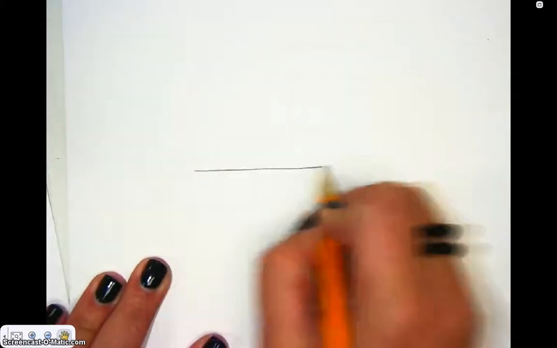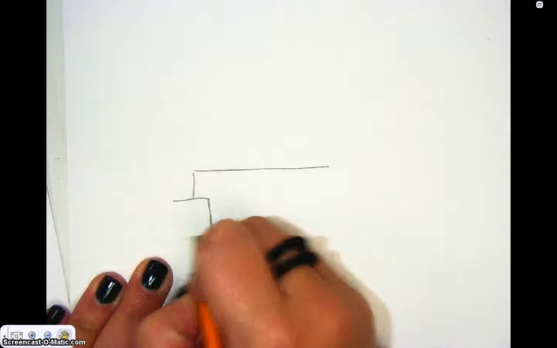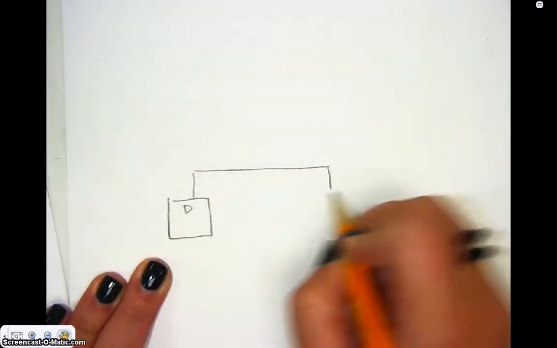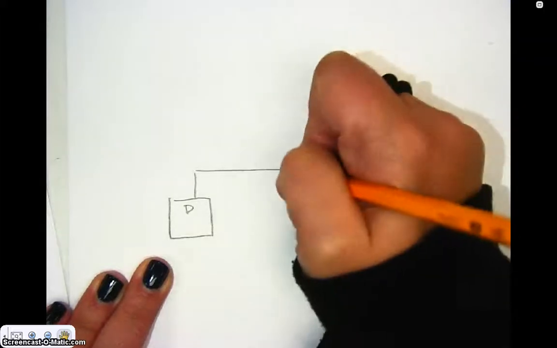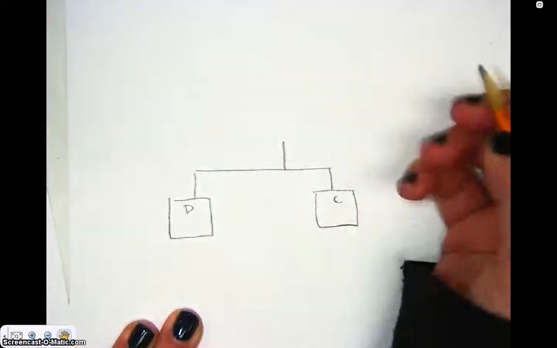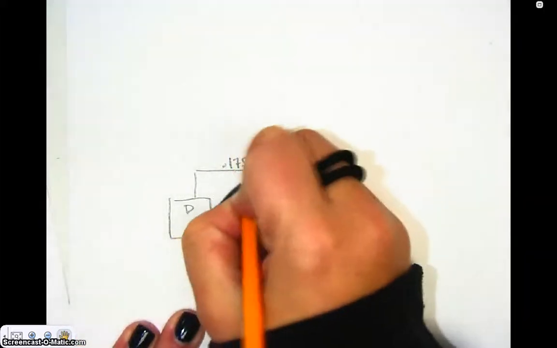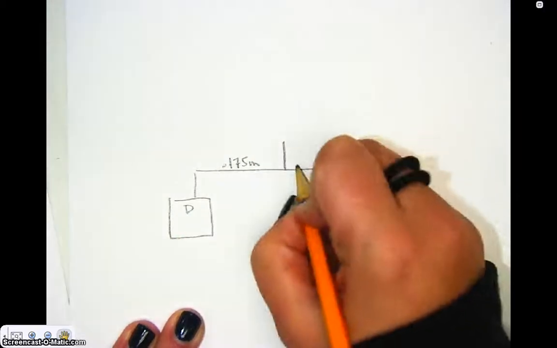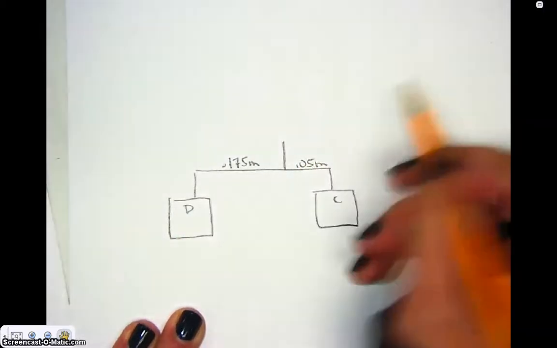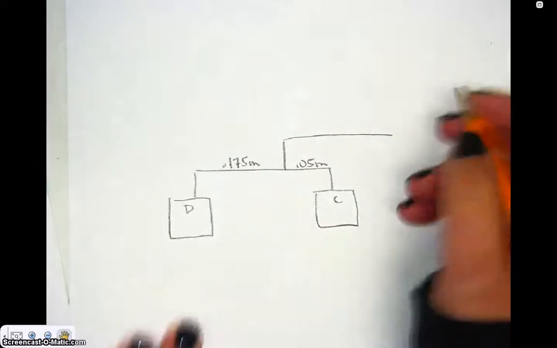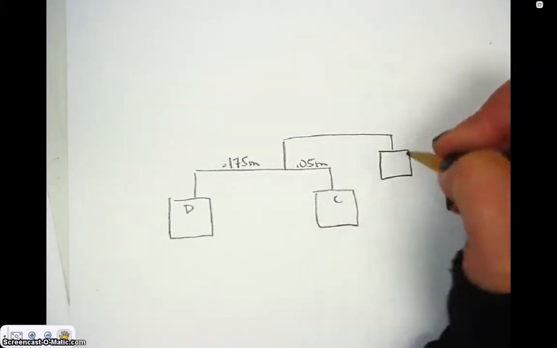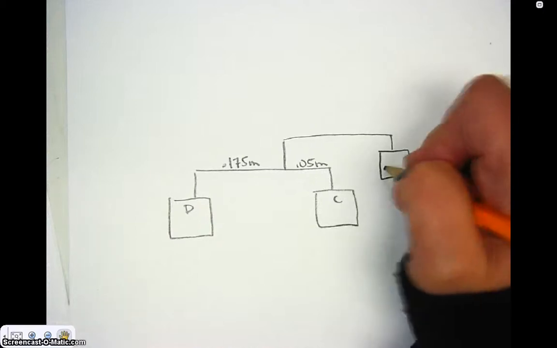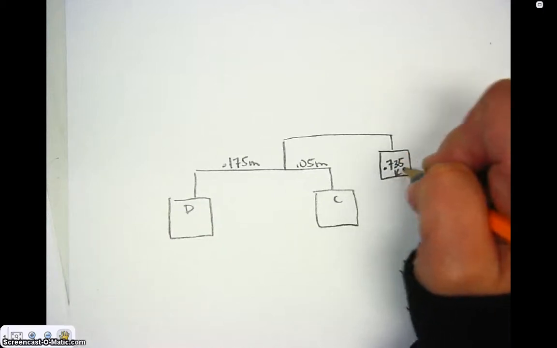So we have an object hanging here, which is object D, and then object C is here, and then there is a string, and this is 0.175 meters, and this is 0.05 meters, and then that string attaches over here, and dangling on this side I've got the only mass that I know, which is 0.735 kilograms.